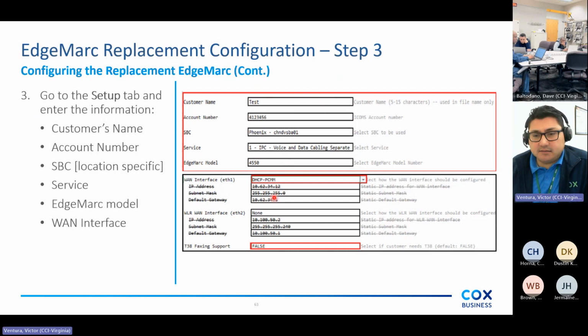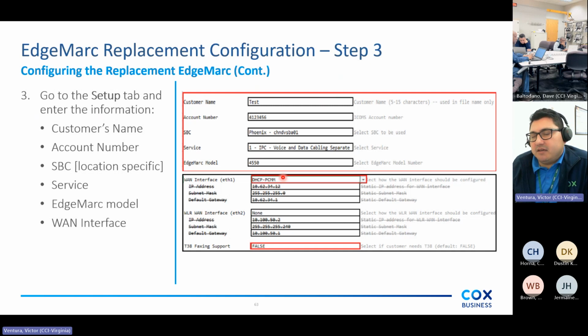On the WAN interface, select DHCP if it's dynamic over CBI. And when we're using static, it will be when we have a COI circuit, or if we are using a static IP. As I mentioned, these are going to be more of topology 2s, topology 3s, and maybe also COI static IPs.